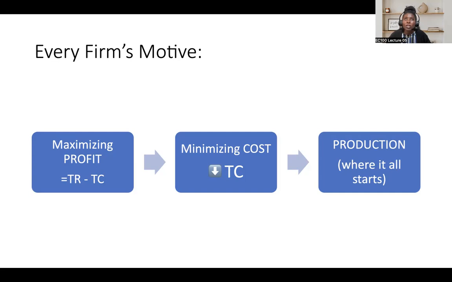In as much as they will give you a number of responses, and these days as we're evolving, people have more reasons to do business, there's one main reason that is common to all of them. Every business that really exists has one general motive, and that motive is about maximizing profit.